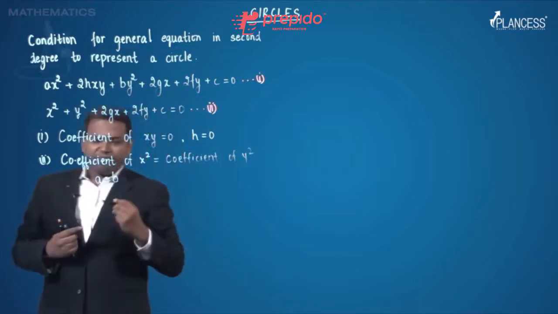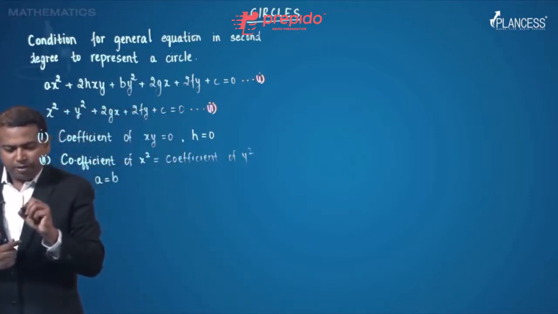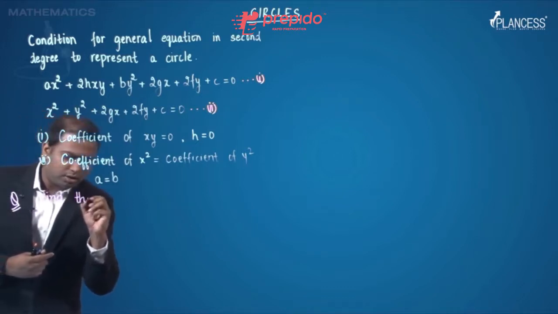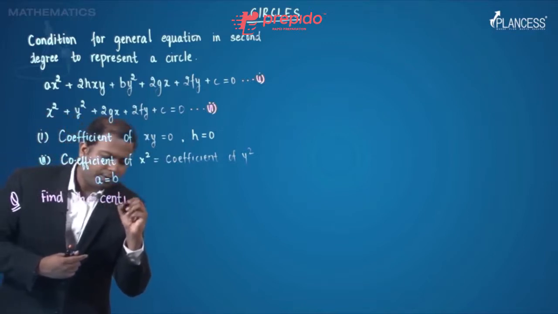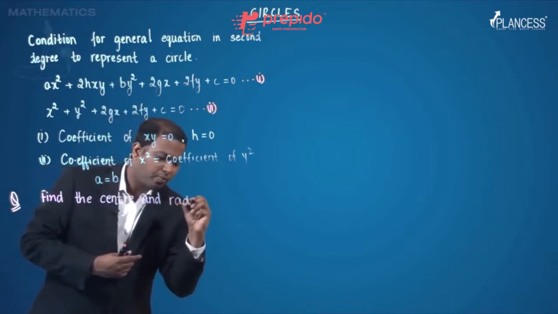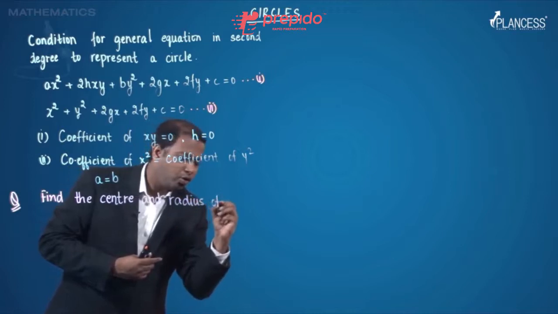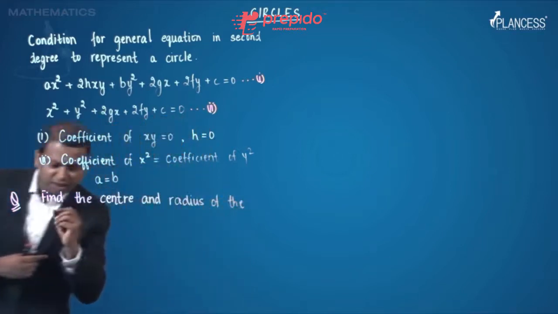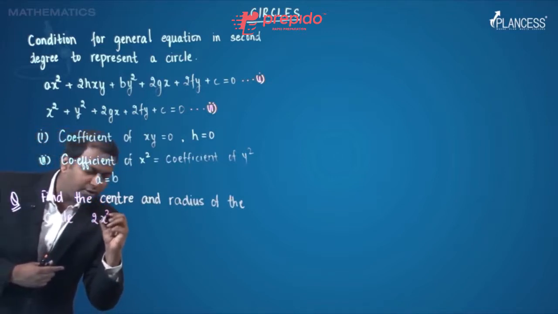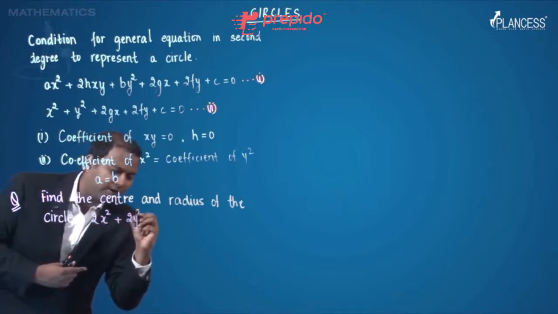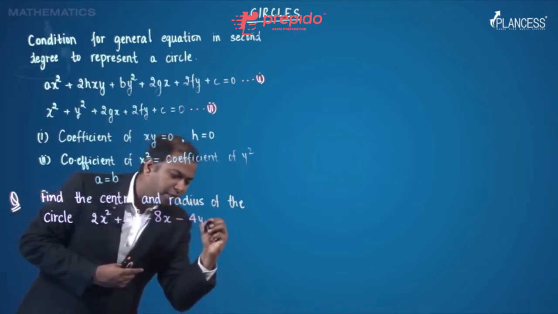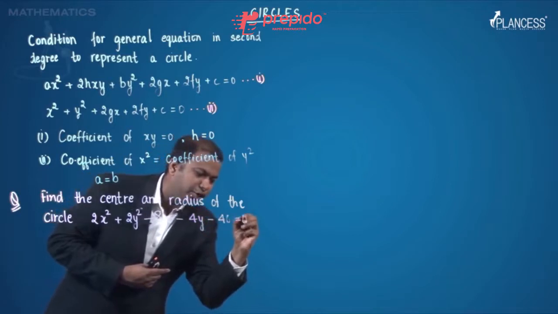So, let us say we have a first question which says, find the center and radius of the circle which is represented by 2x square plus 2y square minus 8x minus 4y minus 40 is equal to 0.